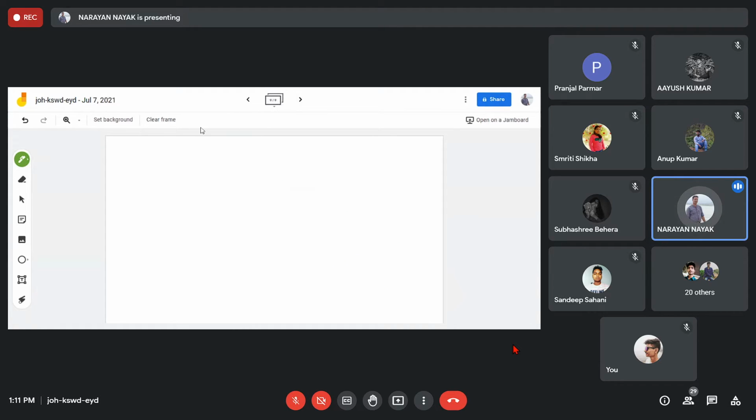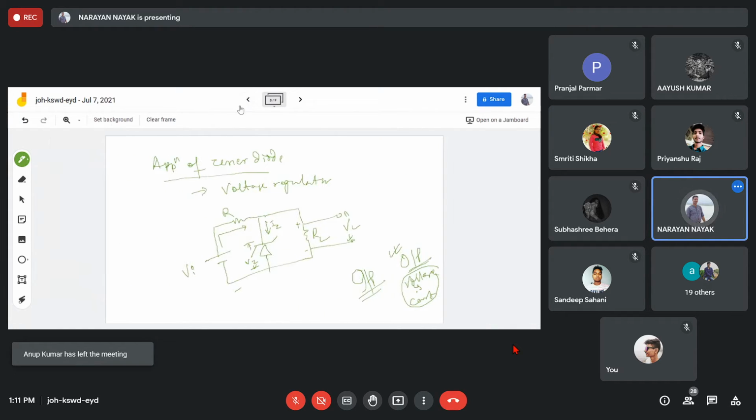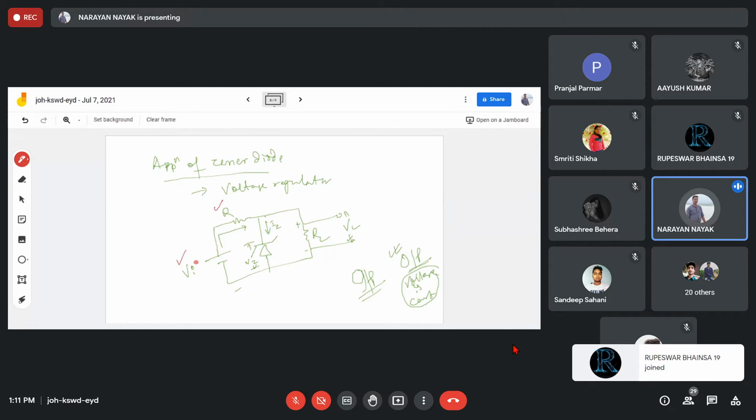Let us go for case 1. Suppose you have taken Vi as the input voltage and R as the resistance, and these are fixed. Fixed means Vi is constant, R is constant. Now just see this figure. Here this is your Vi, this is your R. Let us say you have given Vi as 5 volts, which is constant throughout the period.